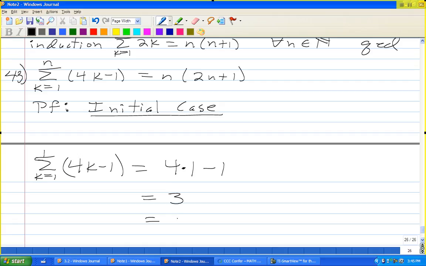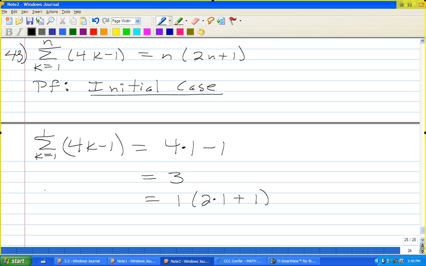But I can write 3 as 1 times 3, and I can write 3 as 2 plus 1, which is 2 times 1 plus 1. But this then says that the formula works when I replace n here by 1. And so I've shown the initial case.